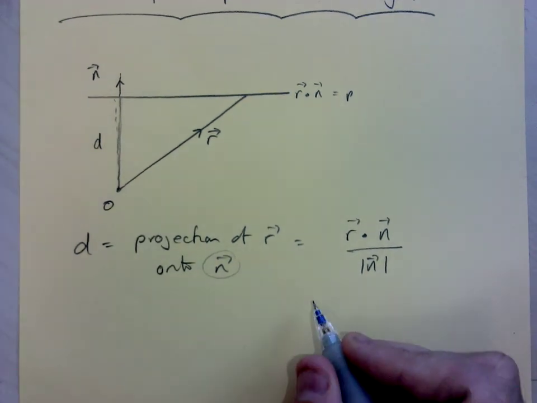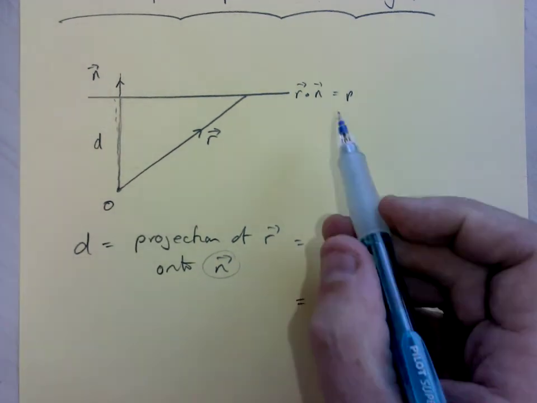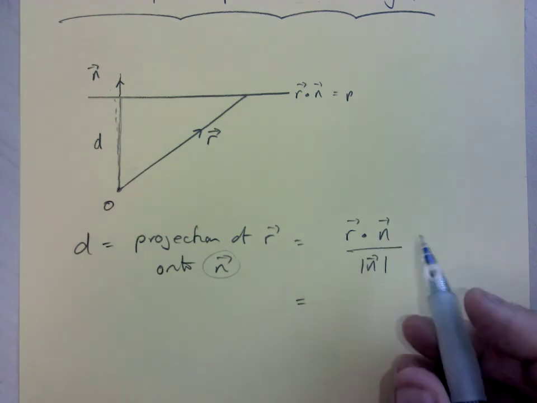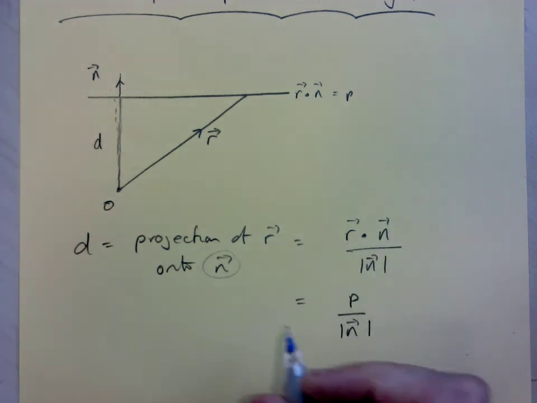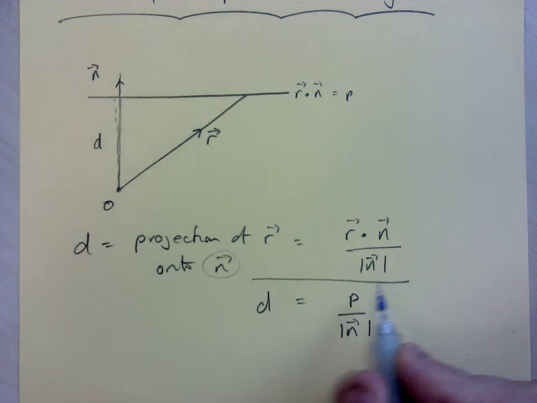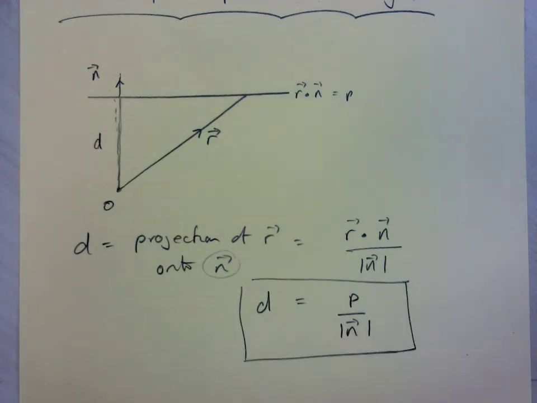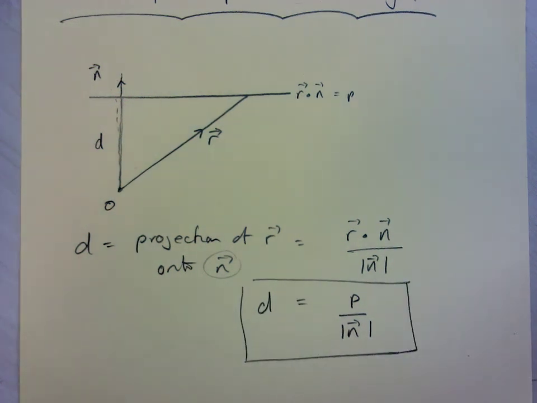And this simplifies nicely because I know that for any point on this plane, r dot n is equal to p. So this becomes p over the magnitude of n.